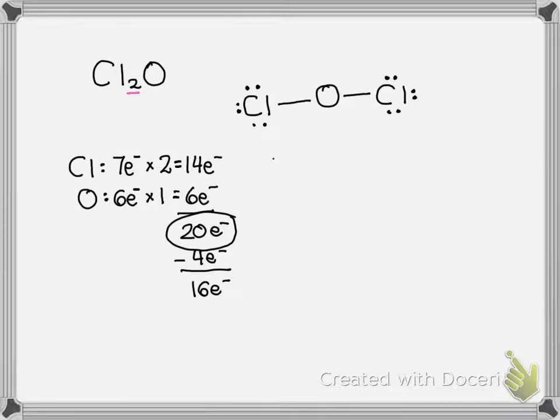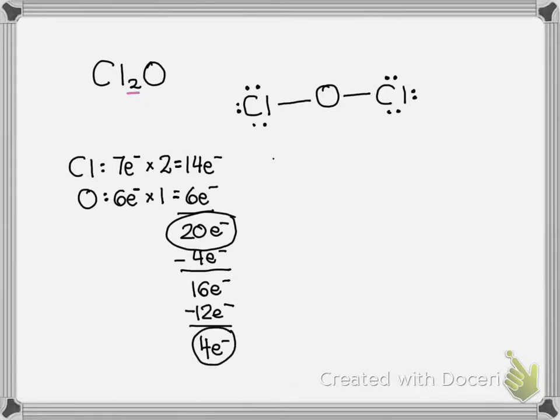So now if I count my electrons, I have 2, 4, 6, 8, 10, 12, 14, 16. So I have placed 12 electrons on the chlorines, so I have 4 electrons left over.